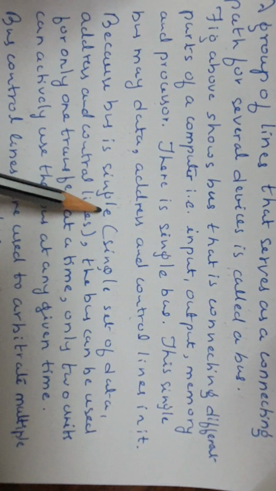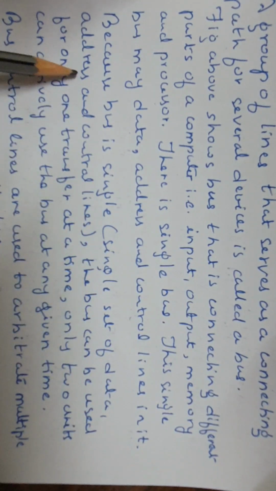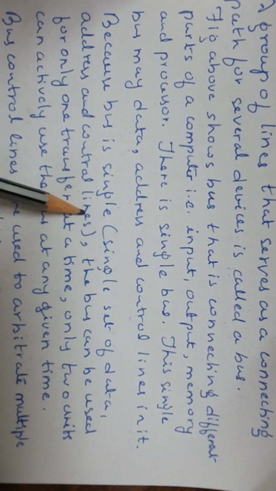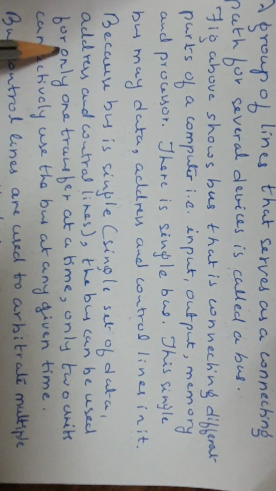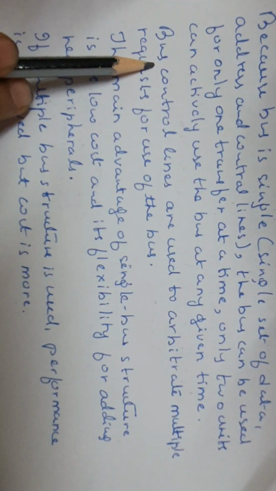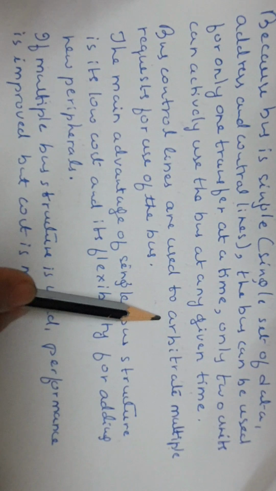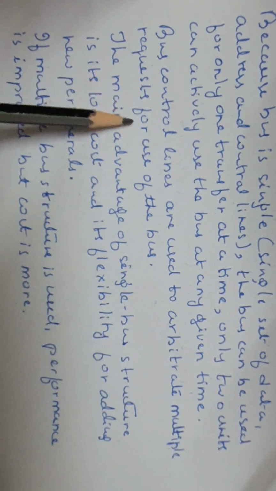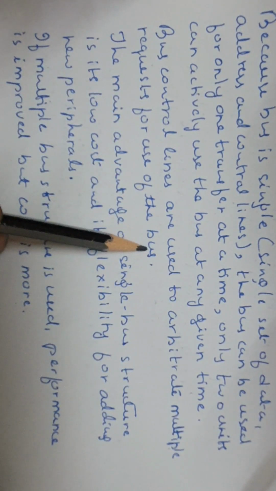Because the bus is single, that is a single set of data, address and control lines, the bus can be used for only one transfer at a time. Only 2 units can actively use the bus at any given time. The bus control lines are used to arbitrate multiple requests for use of the bus.